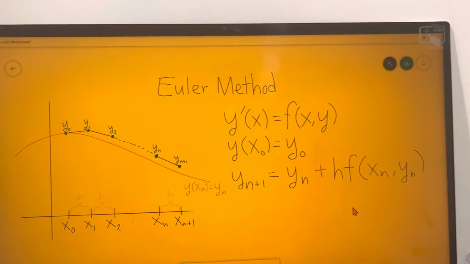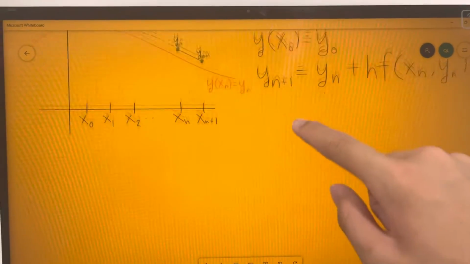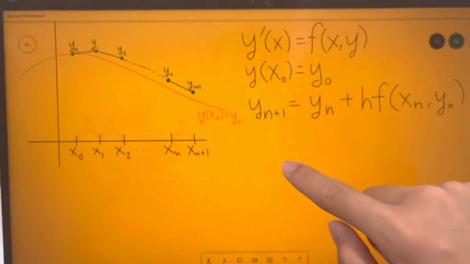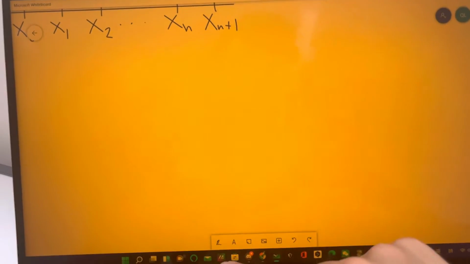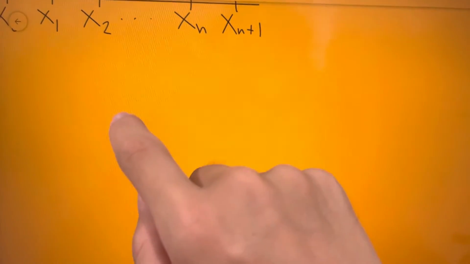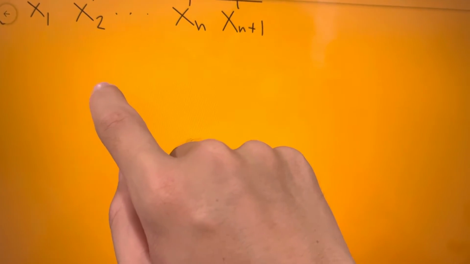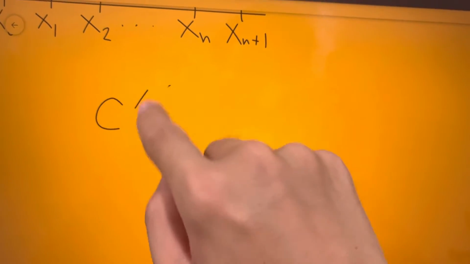So now we're going to try and utilize this. What I'm going to do is set up a differential equation. Let's say we have some c prime of t.